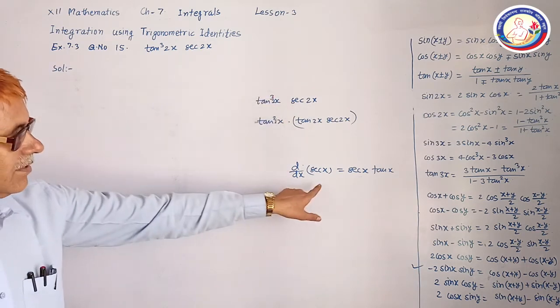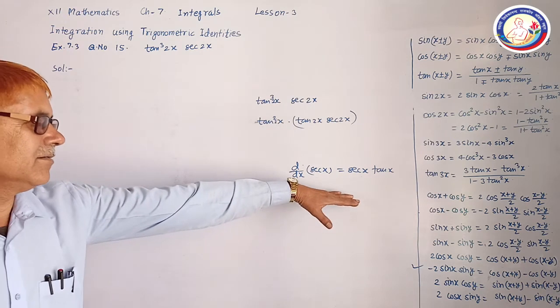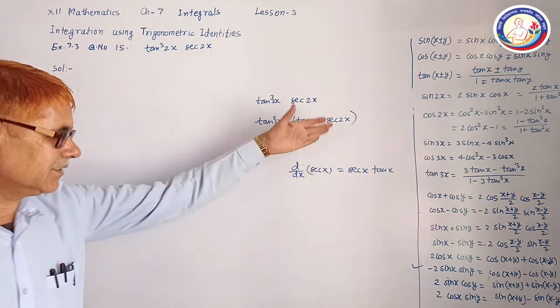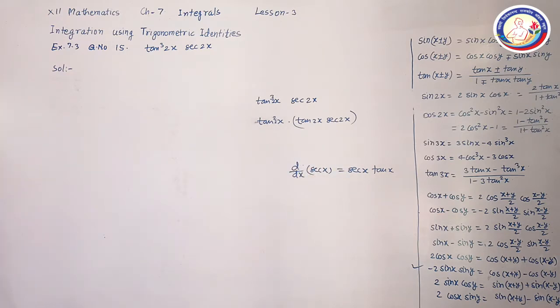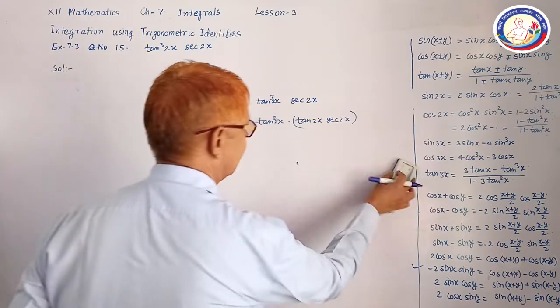So this may be our procedure. So let us start. What will happen? If we fail, we will change the method. And if we reach the answer, this is the correct way. Now start.